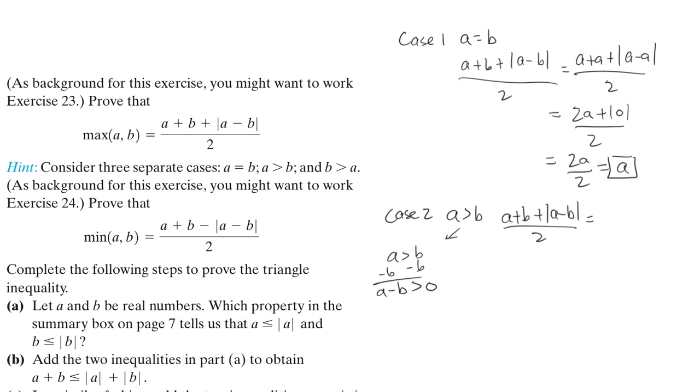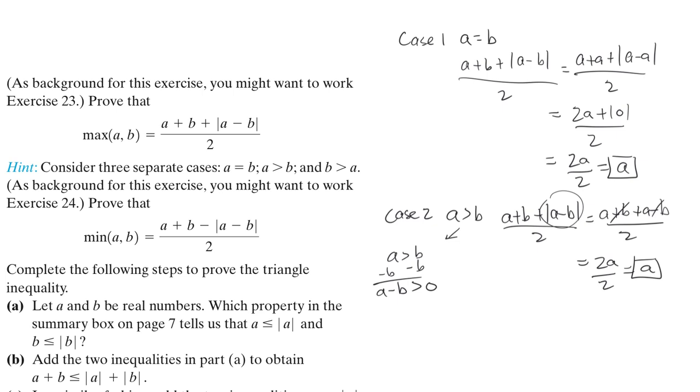Because if it's greater than 0, then the absolute value is exactly its same statement. So that would be a plus b plus a minus b all over 2. And what we have is two a's, and then b minus b cancel each other out over 2. And so once again, we have a for the value.